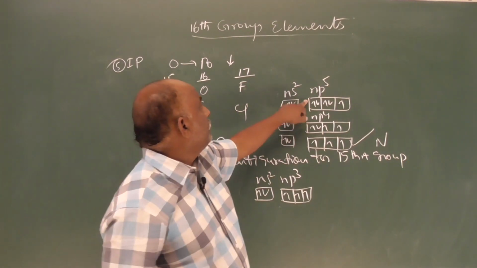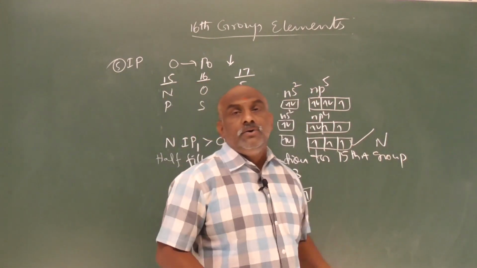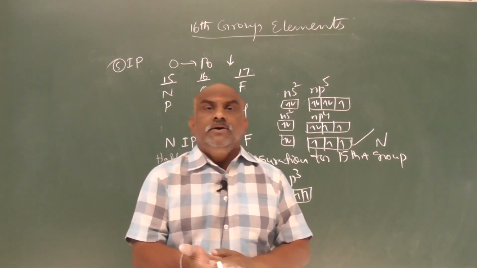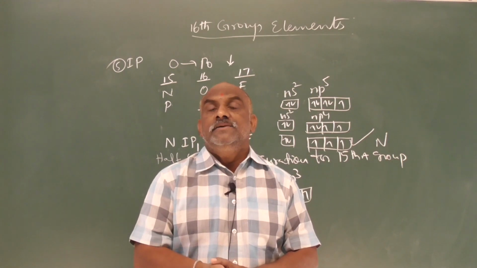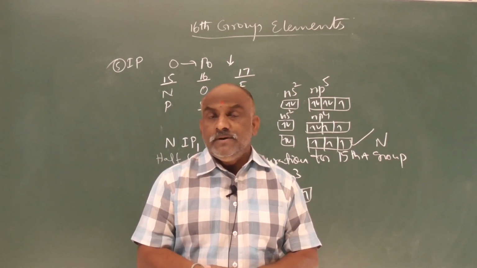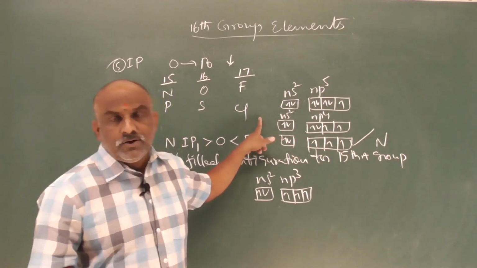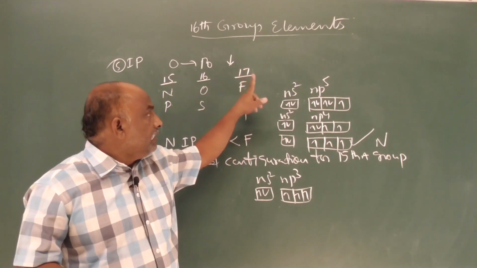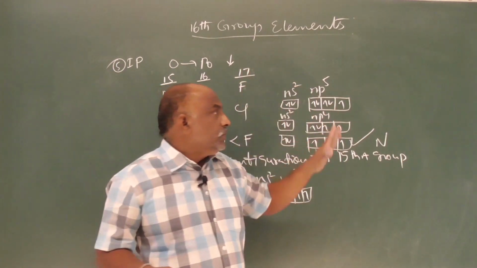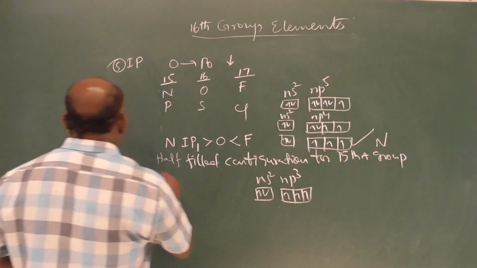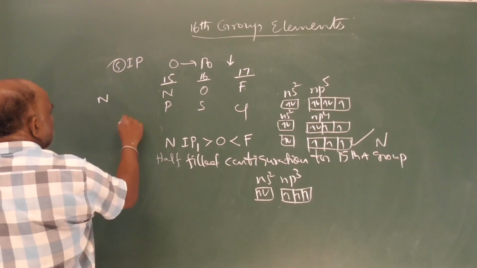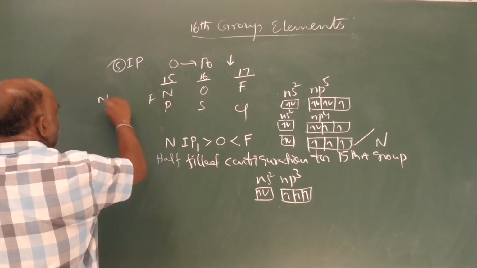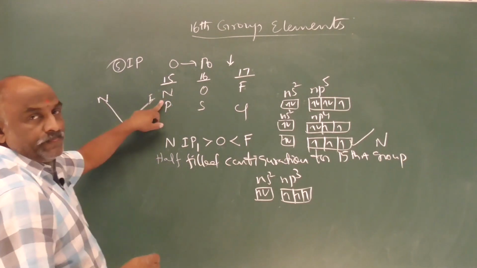Why? Because for 17th group elements nuclear charge increases. Due to the greater nuclear charge, the IP value of 17th group elements is more than that of 16A group elements. Clear? What I am saying is, once you observe the curve, it goes like this: nitrogen, oxygen, fluorine.